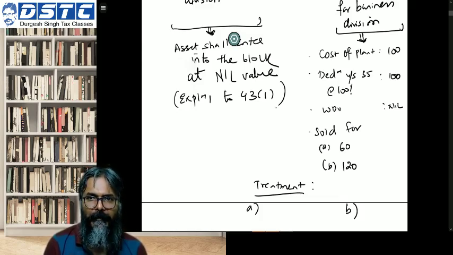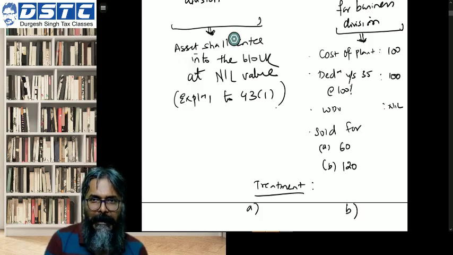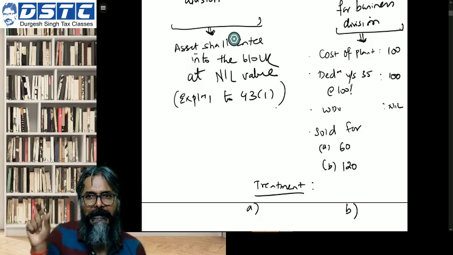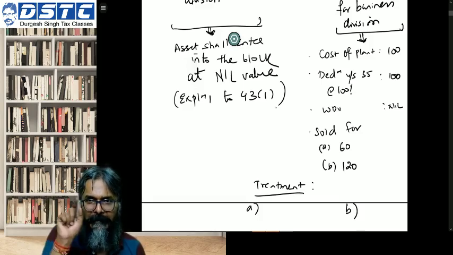If you do a sale thereafter, 60 is getting compared with nil value, and therefore the 60 is your gain in point A. But my question is, under which head will that 60 go?